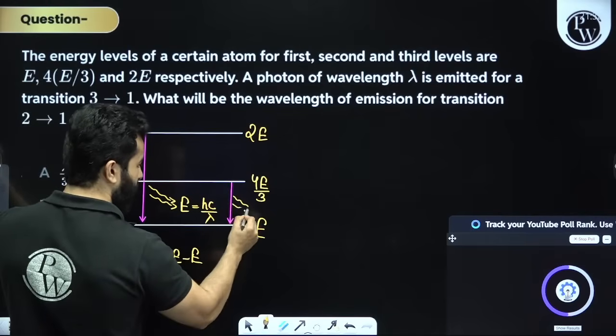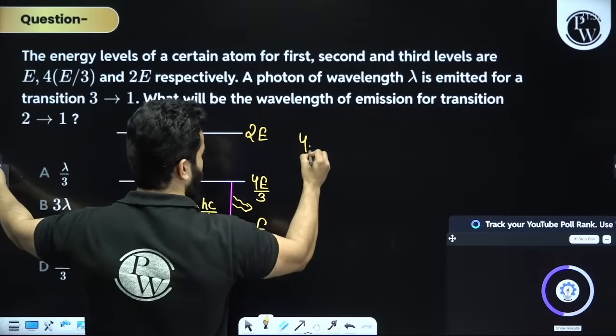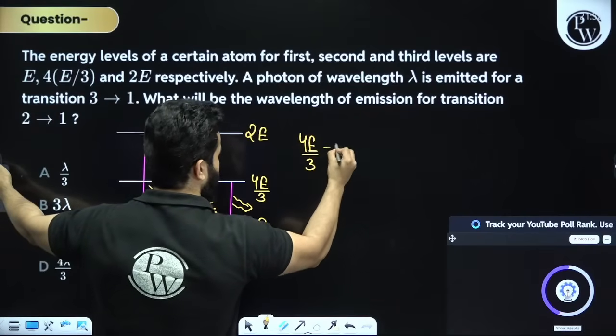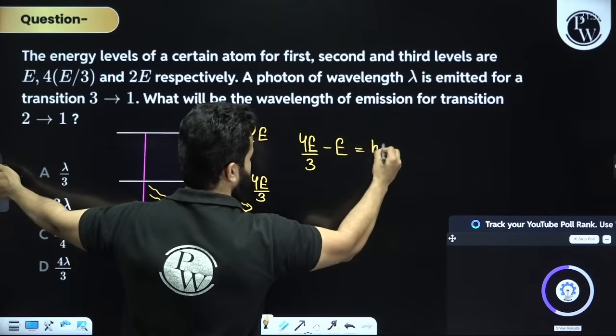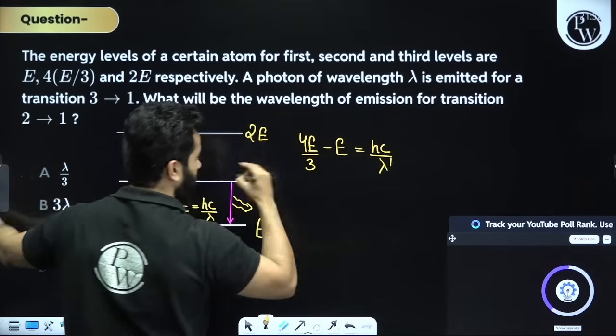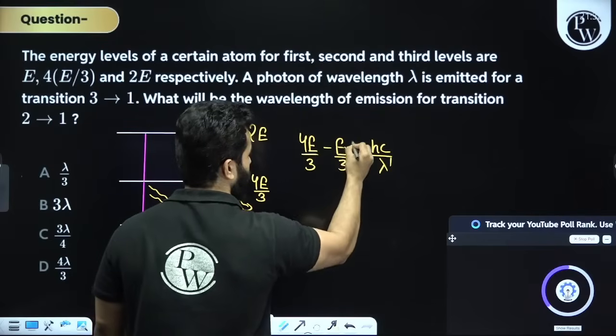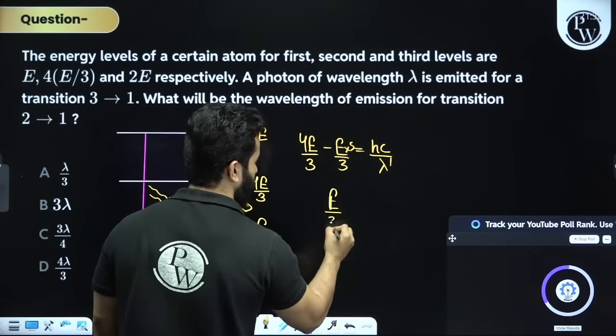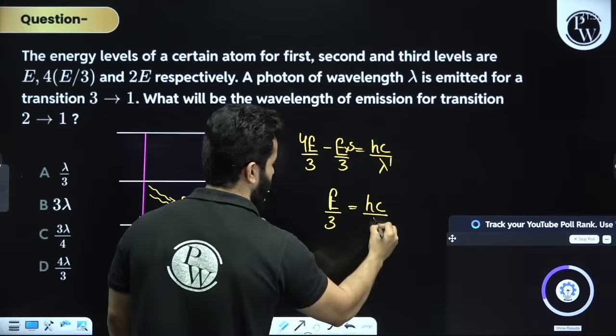Let's suppose this is E dash. So this will be 4E by 3 minus E, which is equal to hc by lambda dash. This will become E by 3, and this will become hc by lambda dash.